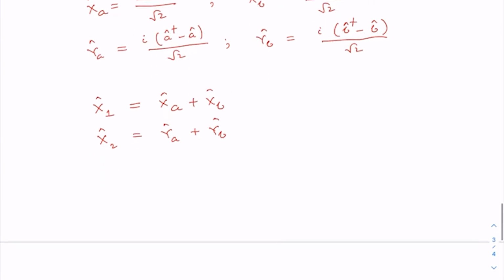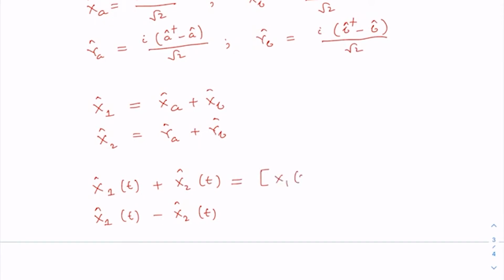Now it is a trivial exercise, very easy algebra, to show that the sum and difference of these two normal coordinates, the sum x1 of t plus x2 of t, or the difference x1 of t minus x2 of t, behave differently. The sum gets amplified.